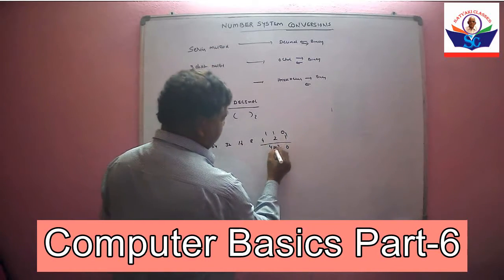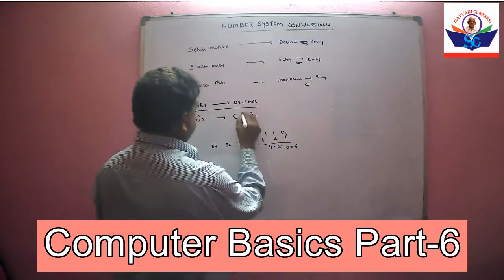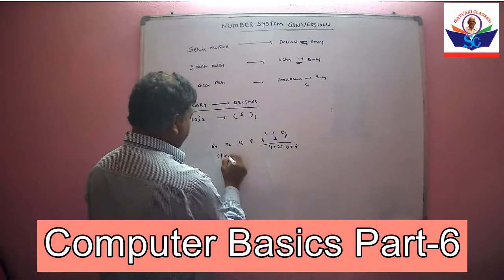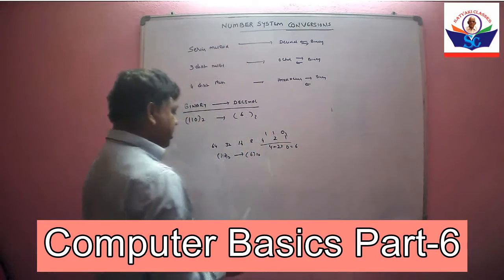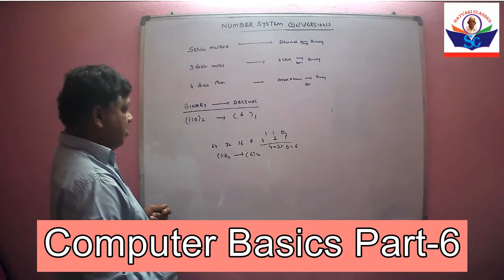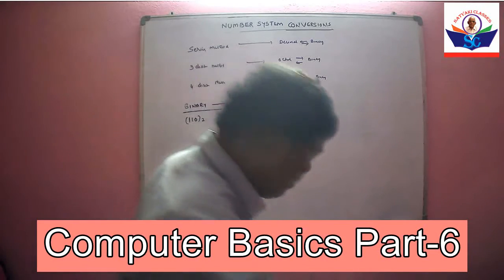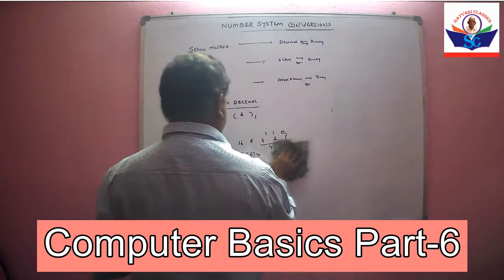That means we add them. So the binary number 110 is equal to 6 in decimal. Now take another one.